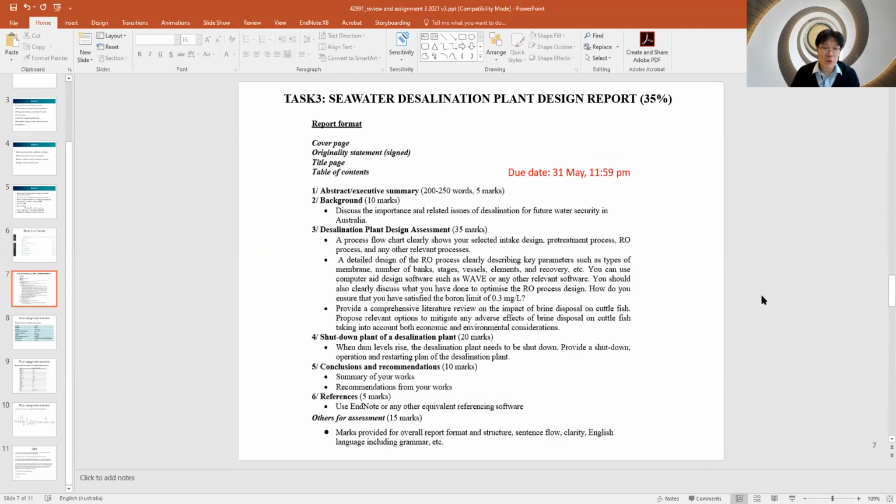There are two UF pretreatment desalination plants in Australia, so you can just utilize ultrafiltration, and then you can use the WAVE software, combining ultrafiltration followed by reverse osmosis. So that's possible.